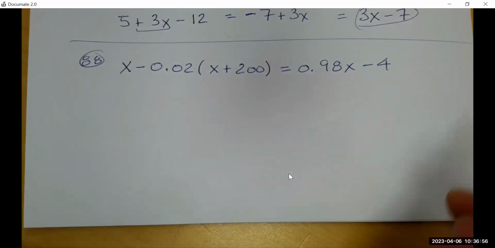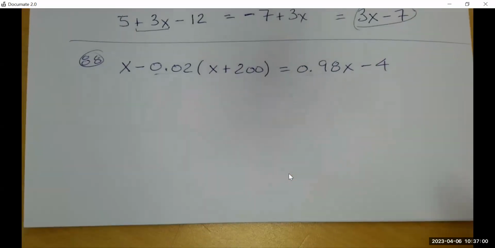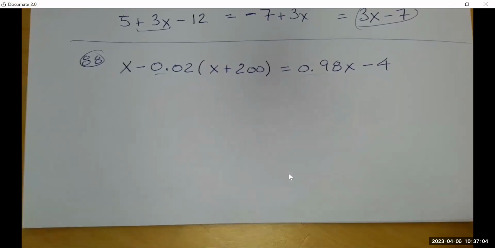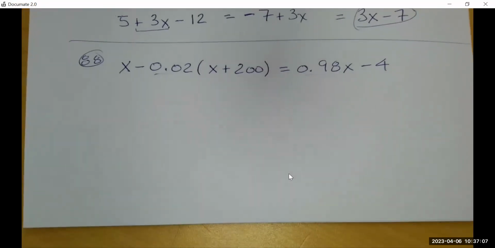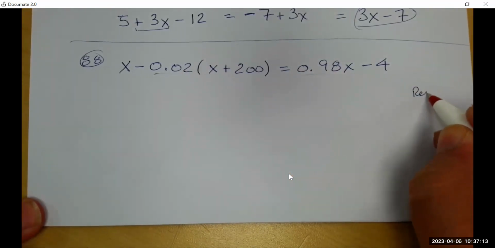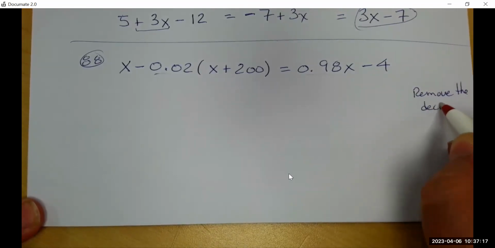So whenever you have decimals as coefficients, remove the decimals. No, actually, glad you remember that, that's only when you multiply decimals. Here, because it's coefficients, remove the decimals.